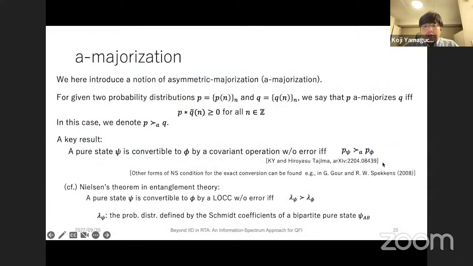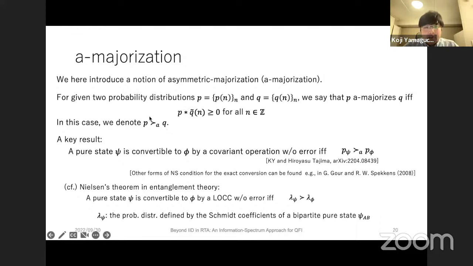Okay, so now to provide a rough sketch of the proof of the main result, I will further explain the details of the analysis. And a key notion is asymmetric majorization. For given two probability distributions P and Q on integers, we say that P asymmetrically majorizes Q if and only if the convolution of P and Q tilde is positive.